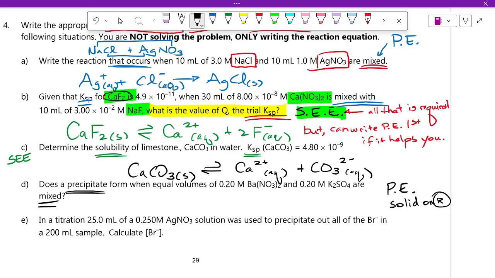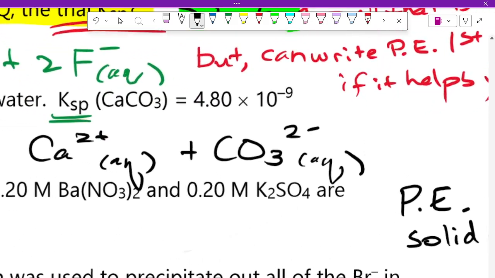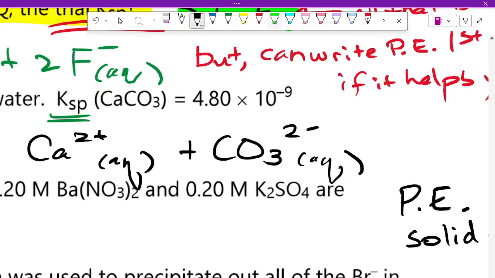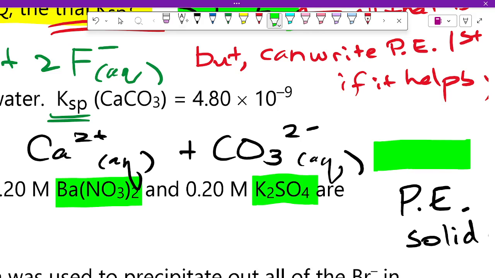Tell your partner, who is the solid? Is the solid barium nitrate? Is the solid K2SO4? Or is the solid something else?